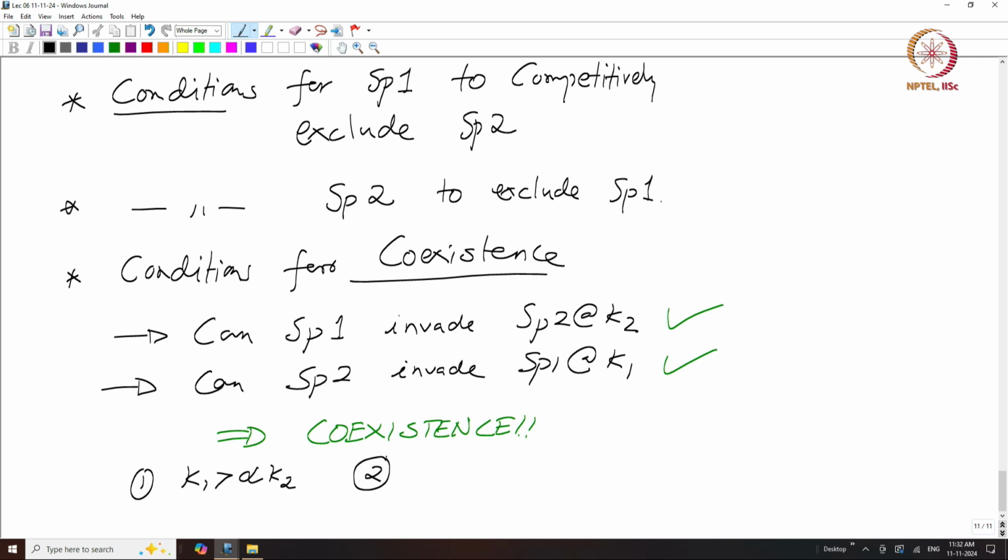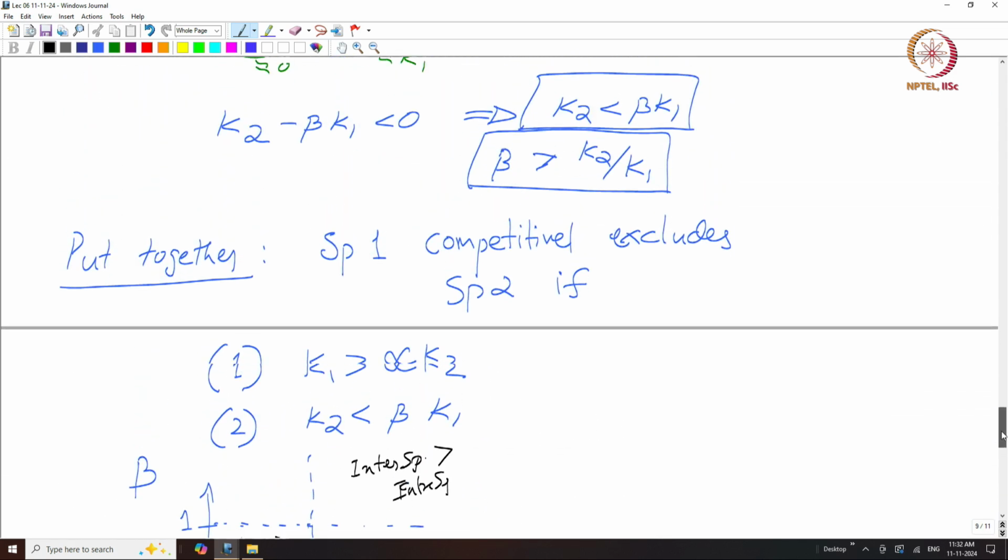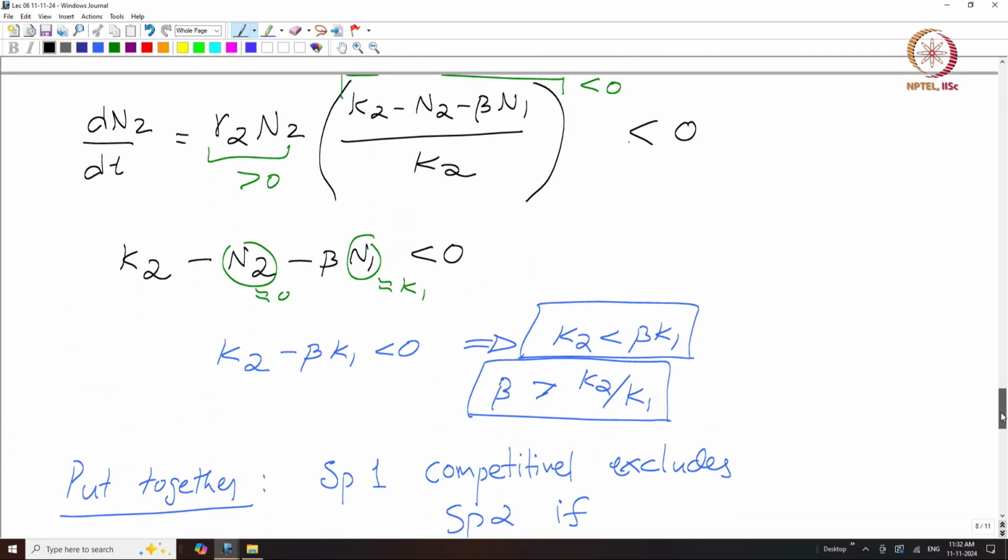and remember that the same thing must happen, which is species 2 must be able to invade species 1 now, and for that we just have to look for the opposite of the conditions we derived here. When we were doing these calculations, we wanted the dN2/dt to be negative. This was a condition when the system was in the equilibrium of only species 1, and we were looking at what happens if we introduce a small number of species 2, and we found that the growth rate is negative if K2 was less than beta K1.